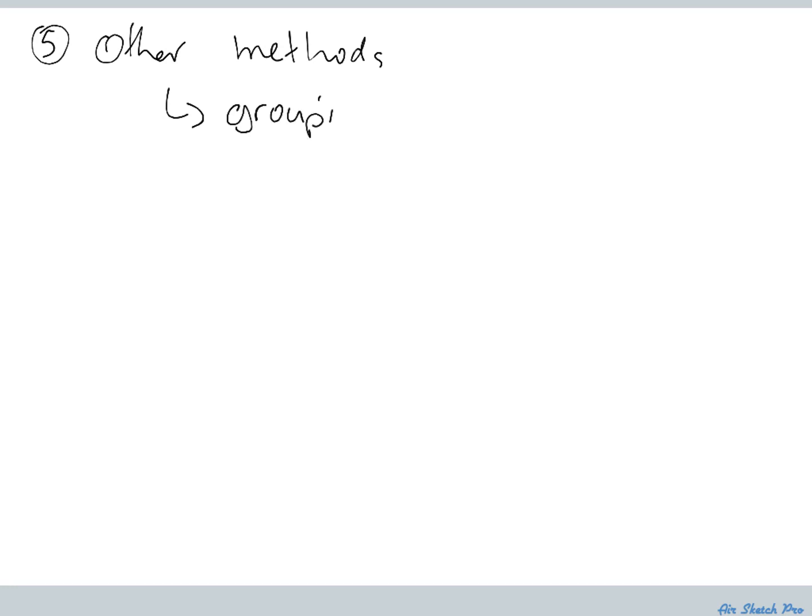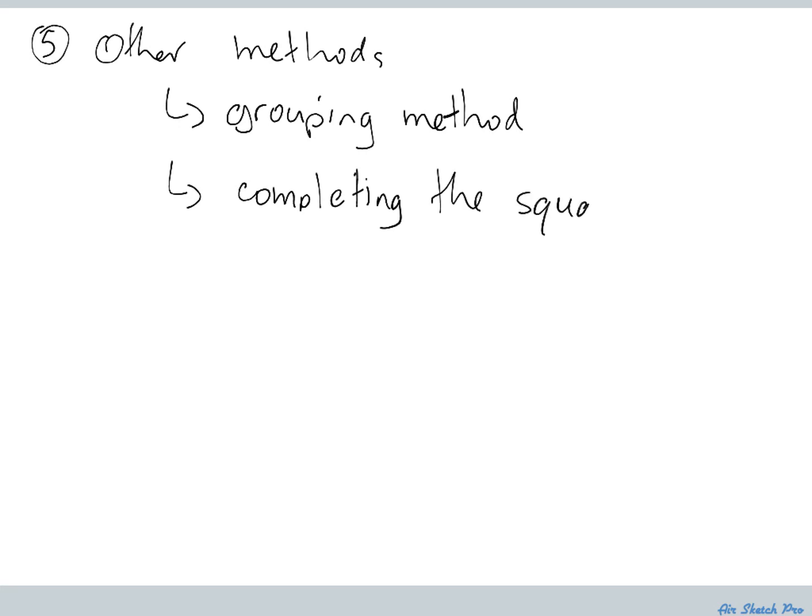I'm not going to go through the grouping method. If you're familiar with it, use it if you can see a good use for it. The trinomial cross method really is the grouping method anyway, but completing the square, which we will actually do this week, is a method that you may or may not have come across.